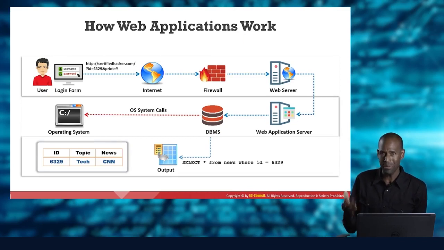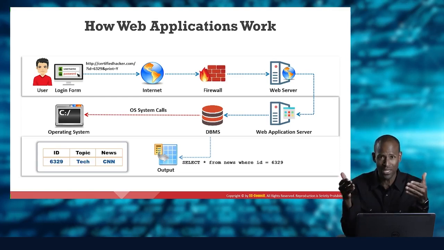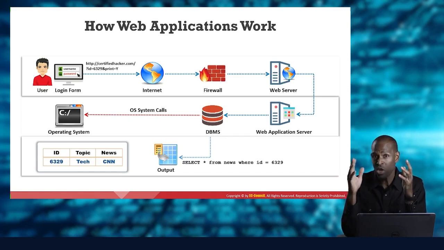Now, a website or a web app is usually implemented on what we call an N-tier architecture, which we'll look at in just a moment. But let's just look and see what happens when this user goes to a website. When we use the term go to a website, in actuality, we are either typing in the URL or clicking on a link, and we are making a request to the web server for us to download the website.